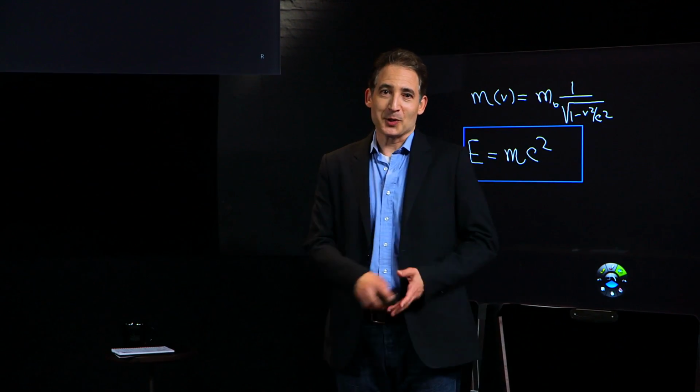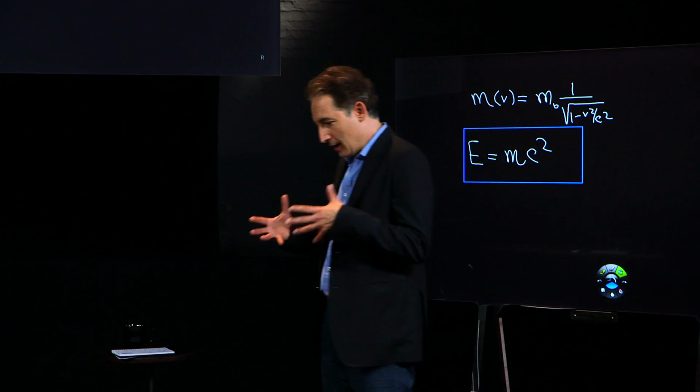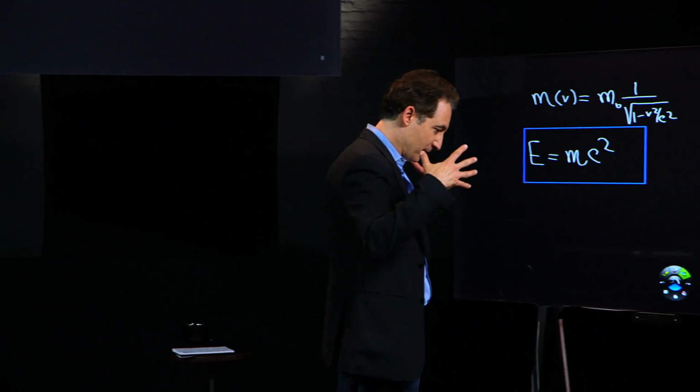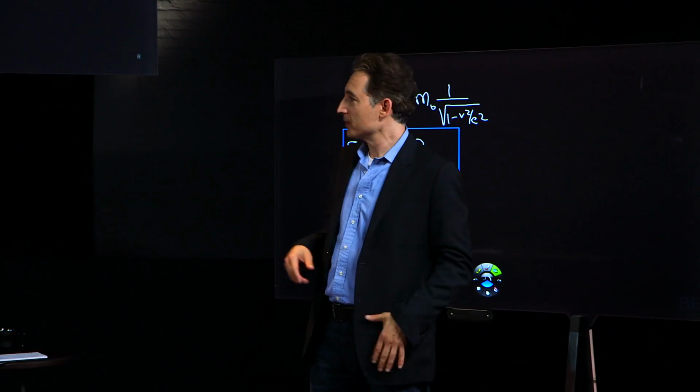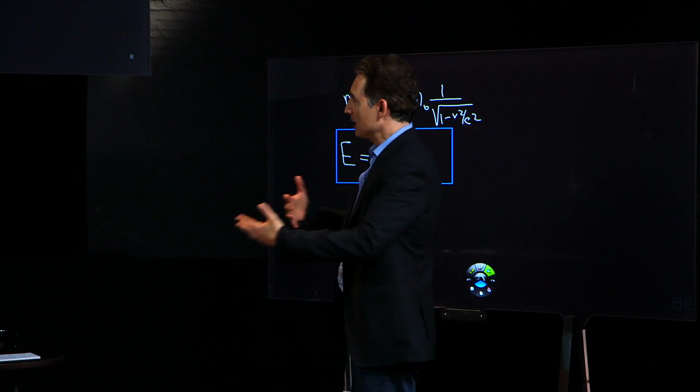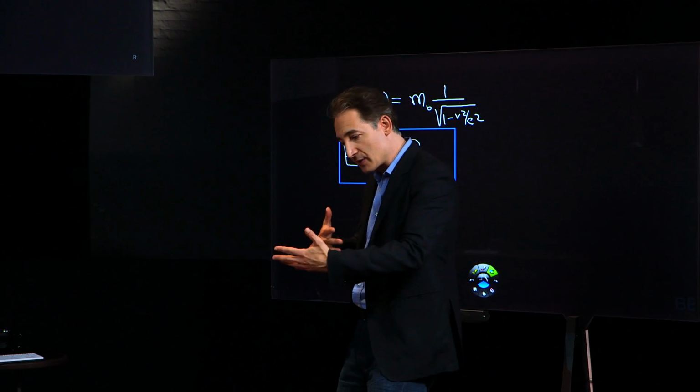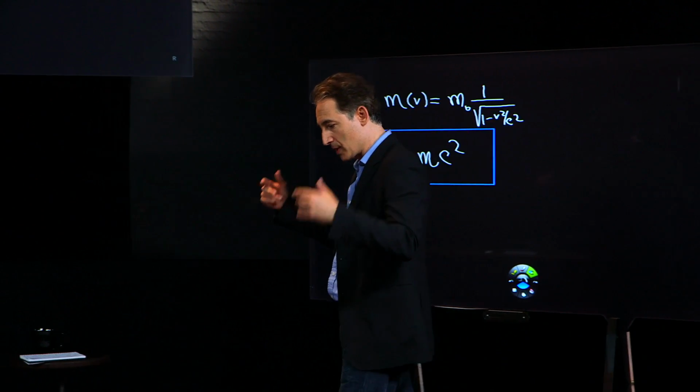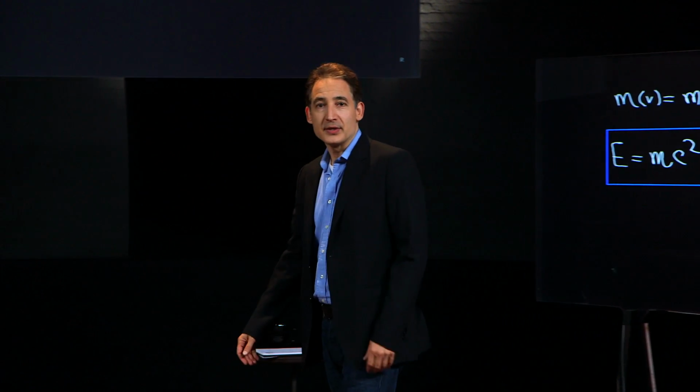So were you able to extract all the energy in 10 kilos of potatoes, you'd be able to power New York for a year. That really gives you a sense of the wonder and power of this unexpected interchangeability of mass and energy in Einstein's famous E equals mc squared.